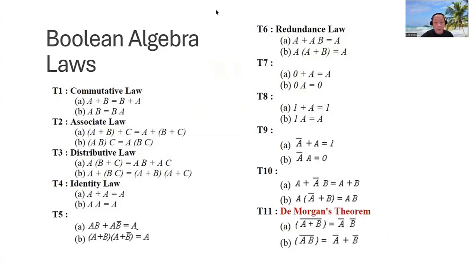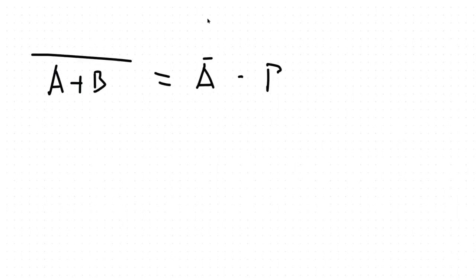Let's go to the slides. De Morgan rule said (A or B) bar equals A bar and B bar. Okay, how to understand it?